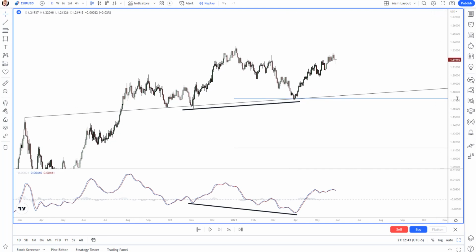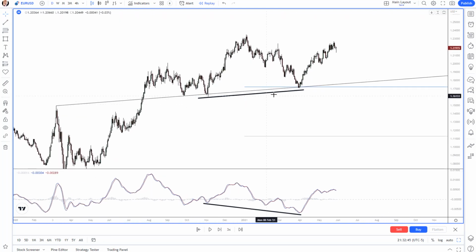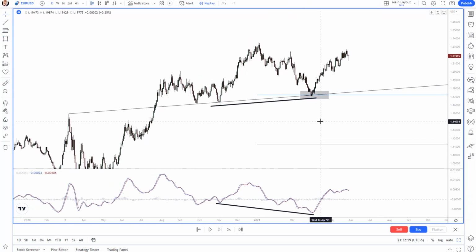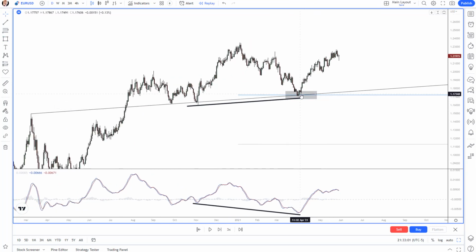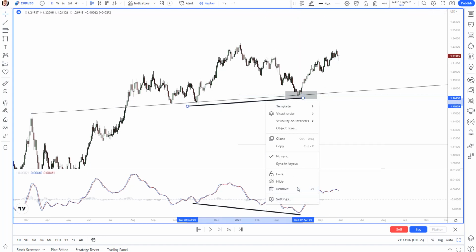But you can see the combination here: the trend line telling me there was a possibility of support here, and the MACD showing hidden divergence along with the pivot. So this level was really a hot zone to try to go long, and it worked out extremely well. This was a nice couple of hundred pips profit.